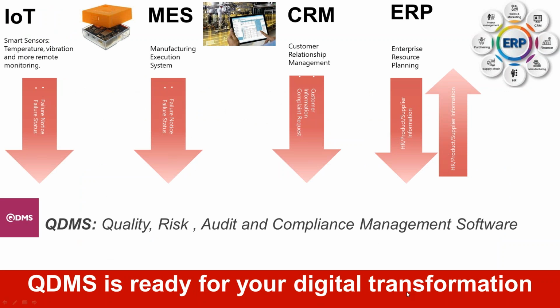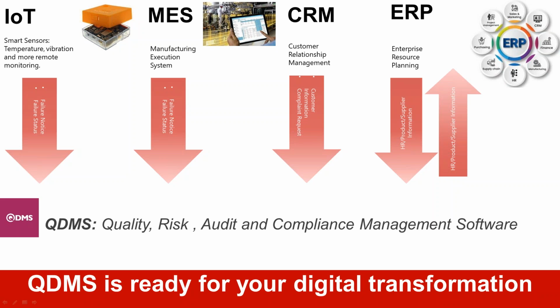QDMS has a very modern technology. Thanks to this, it is ready to comply with many different systems, ERP systems, CRM systems, manufacturing execution systems, or IoT devices for remote monitoring and measuring activities of machinery equipment, and even monitoring work environment, as in temperature, humidity, and so on. The idea is to help you have an integrated management environment.